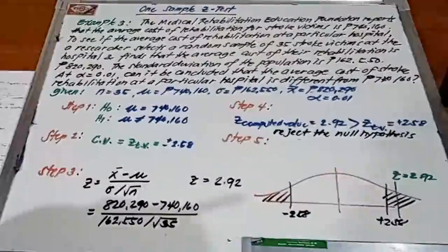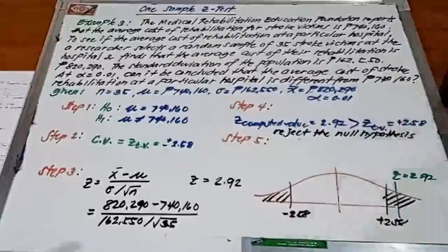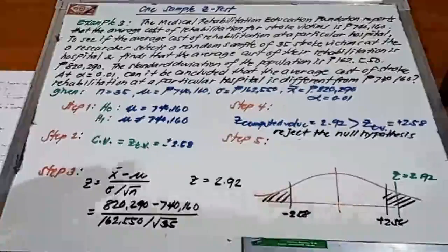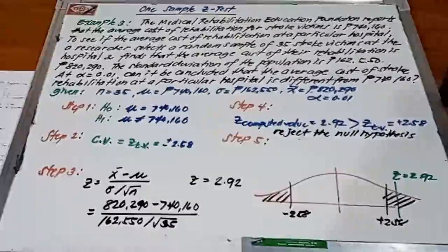So, ibig sabihin lamang nun, we have now an evidence to support na yung claim natin na average cost of stroke rehabilitation do sa particular hospital is different from 740,160. So, medyo mas mataas, no? As compared to the average cost of rehabilitation for stroke victims, which is 740,160 pesos.